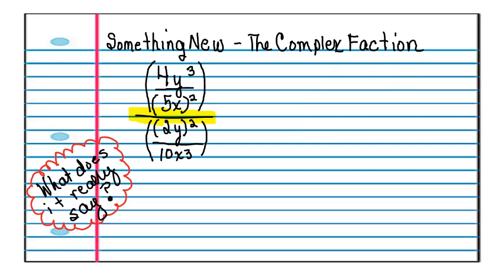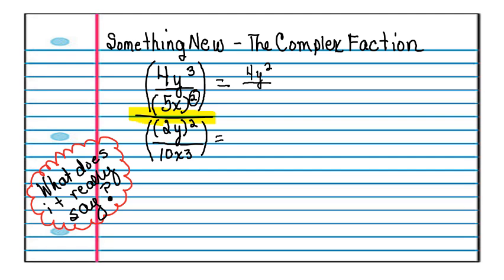Okay, so the other one just looks big. It's really truly not, but I do notice we have to do a little bit of work inside, a little bit of work outside. So I'm just going to rewrite this, noting that the denominator of my top fraction has a square going on here.